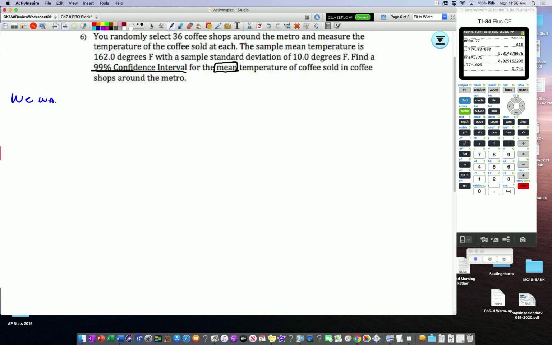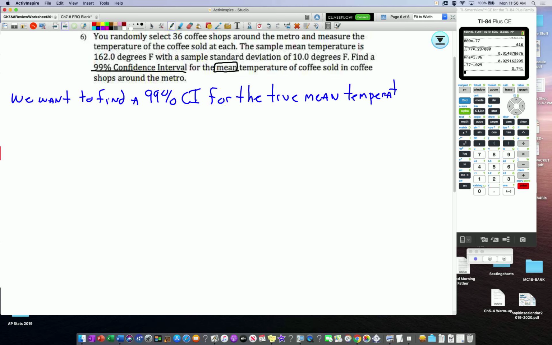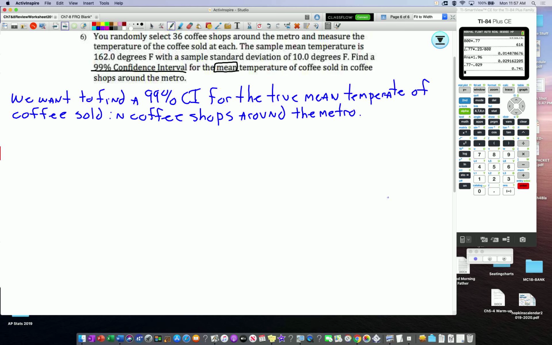We want to find a 99% confidence interval for the true mean temperature of coffee sold in coffee shops around the metro. All right.